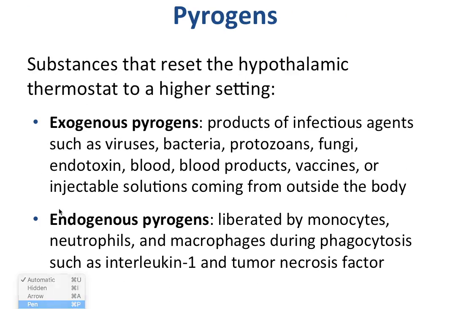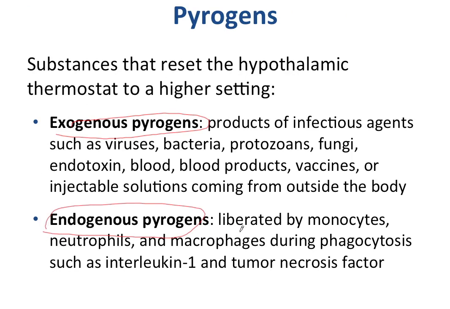So those would be the exogenous pyrogens. Endogenous pyrogens are the cytokines released from our immune cells, such as monocytes, neutrophils. That could be interleukin 1 and TNF alpha.